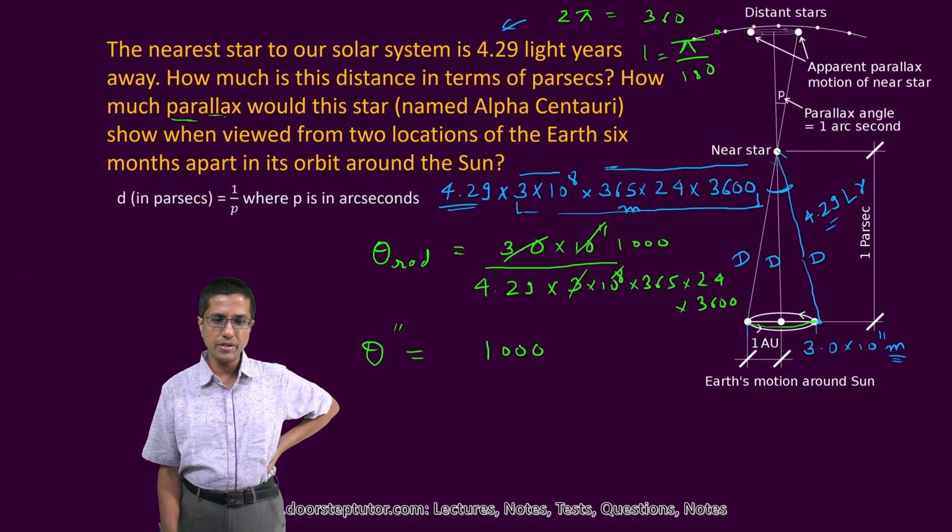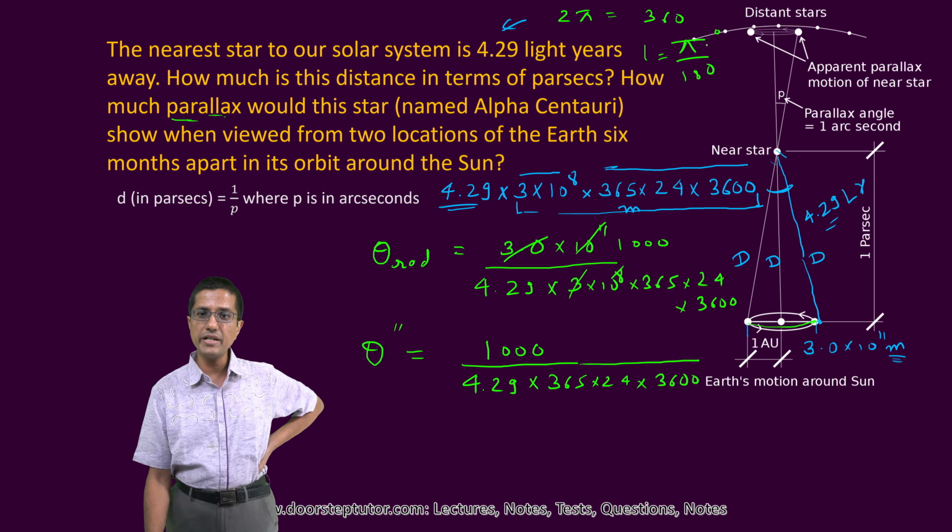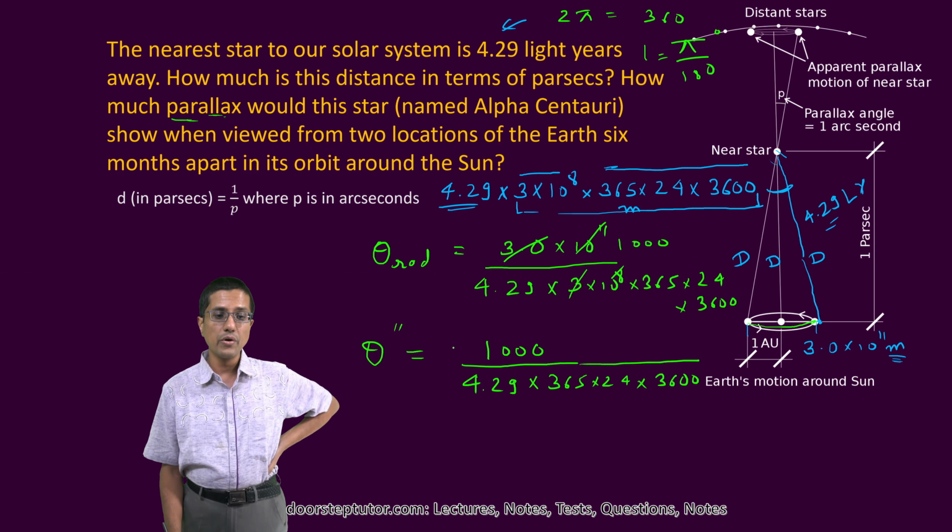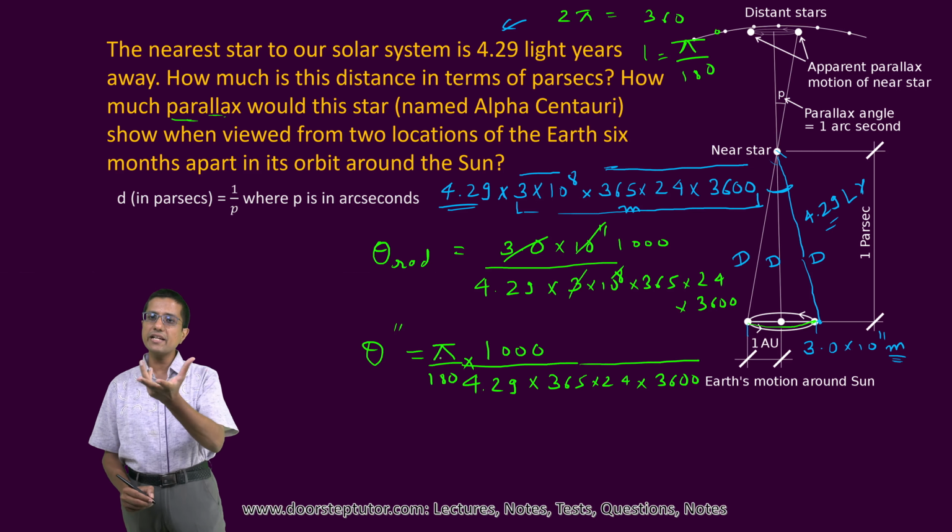So we have 1000 divided by 4.29 into 365 into 24 into 3600, and first we'll convert into degrees. So radians has been converted into degrees by multiplying by pi by 180.